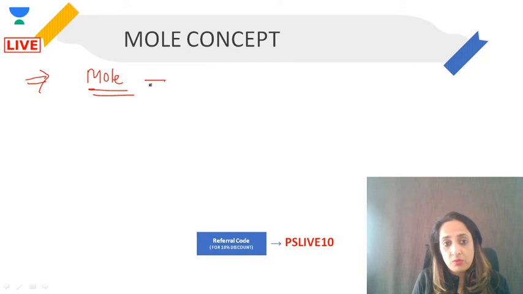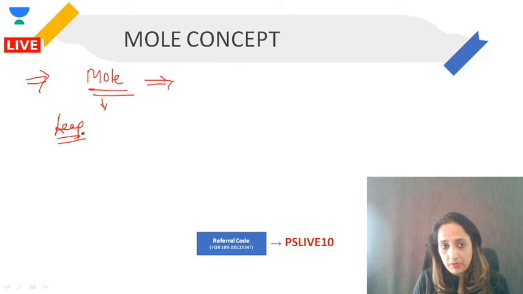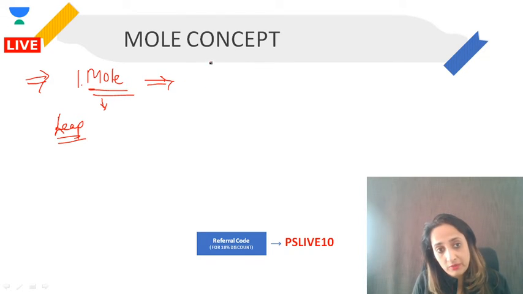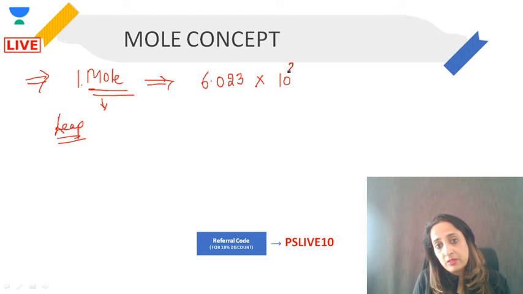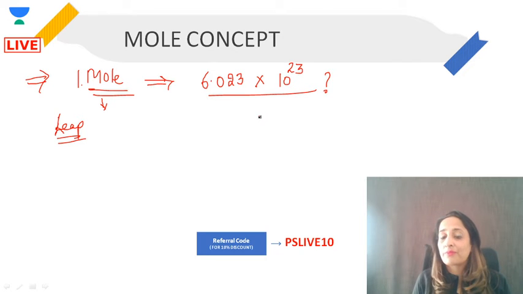Technically, mole means a heap of something. So if we say 1 mole, just like a dozen is equal to 12, 1 mole is equal to 6.023 × 10^23.